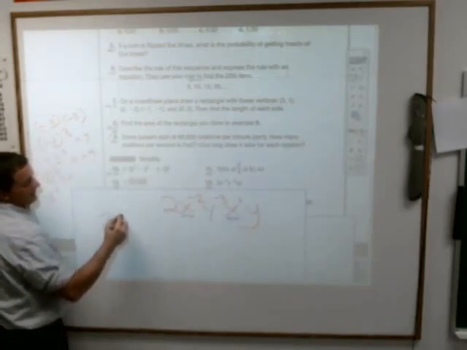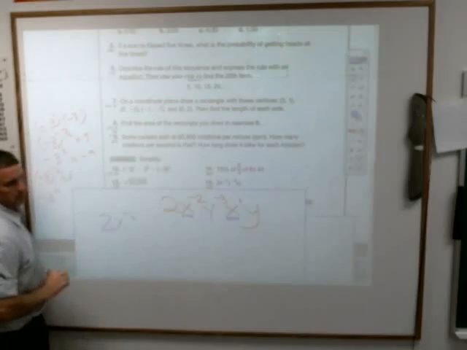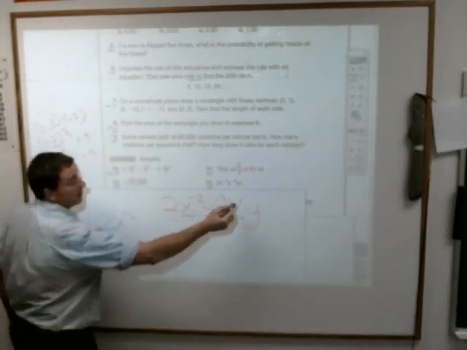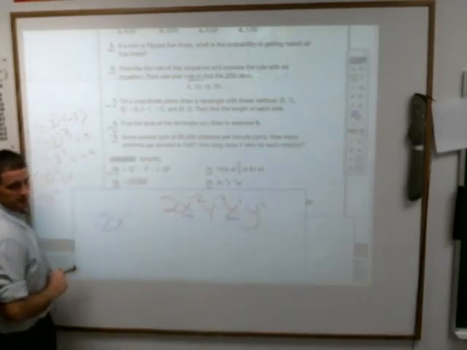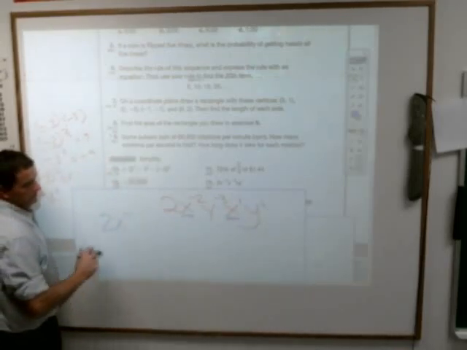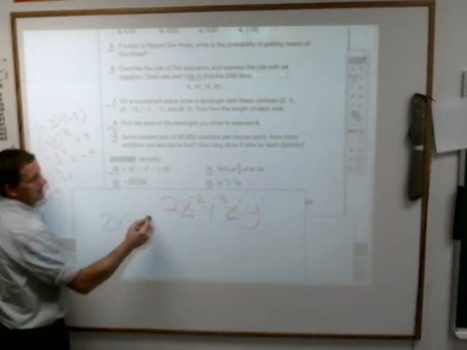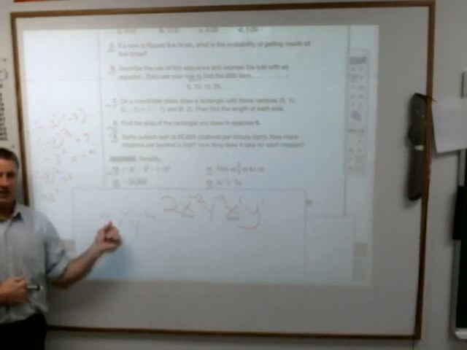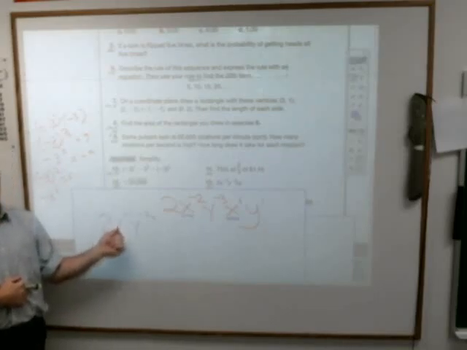You get x to the negative first power. Y to the negative 3 times y, which is again a 1, is y to the negative 2 power. This is not acceptable because in math we do not allow you to leave negative exponents there.